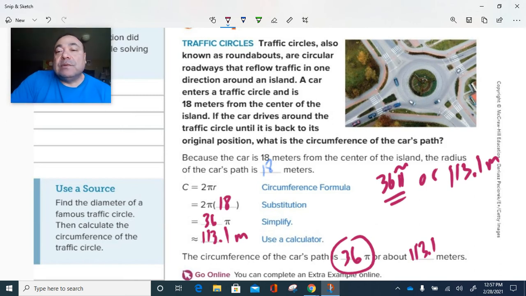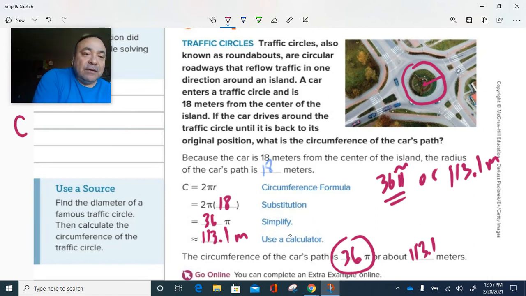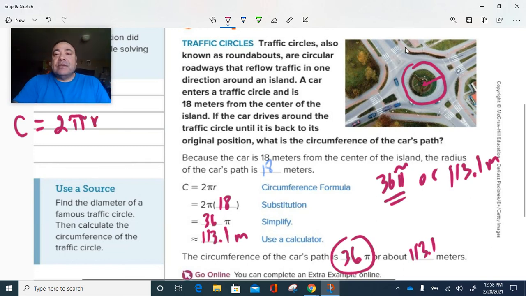See? It's really, really simple, guys. Again, if you have the circle right there and you know the radius, it's easy. Then you just apply the formula, and the formula for the circumference is 2 pi r. Okay? Good job, guys.